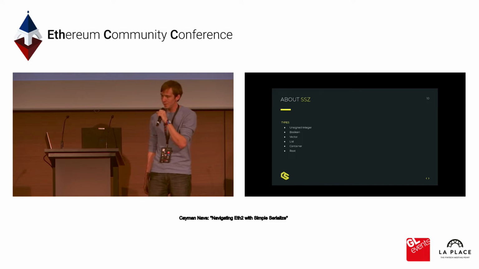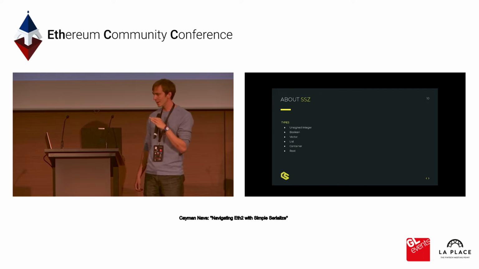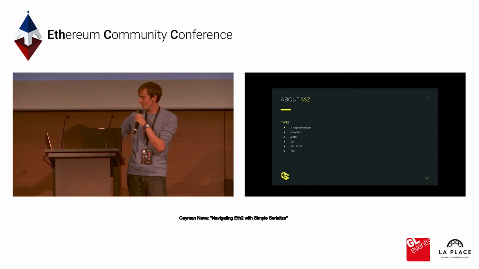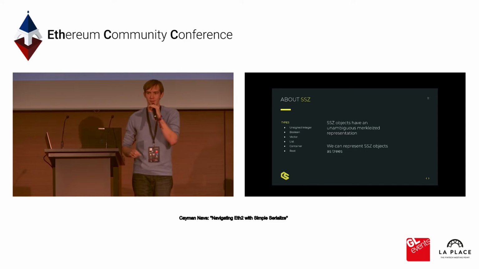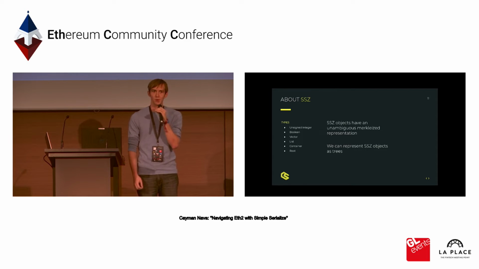So about SSZ, you can kind of think of it as the type system for Eth2, at least in the consensus layer. We have these different types: an unsigned integer, a Boolean, vector, a list, container, and a root. We'll go into a little bit of detail on all of these. But a really important thing to keep in mind as we're going through this, and I'll be highlighting it with some diagrams: these SSZ objects, these values, they all have an unambiguous Merkleized representation.